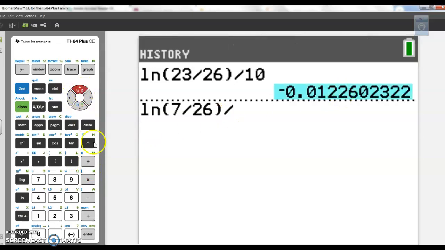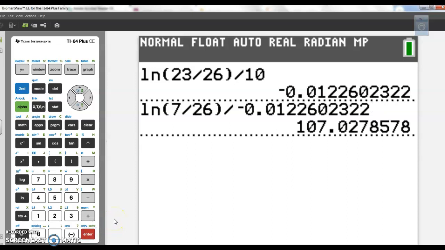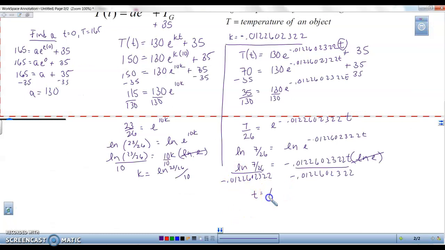So I don't have to retype the whole thing, I'm just going to go up and grab it and press enter. And you get 107.027 is your answer. It said to round to the nearest minute, so this takes approximately 107 minutes.